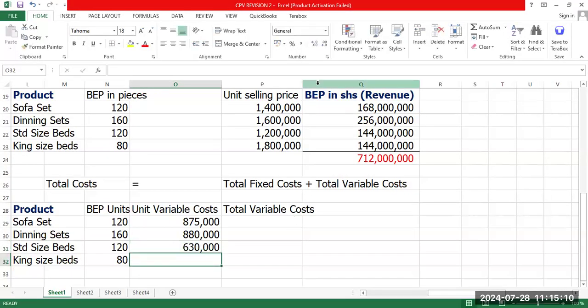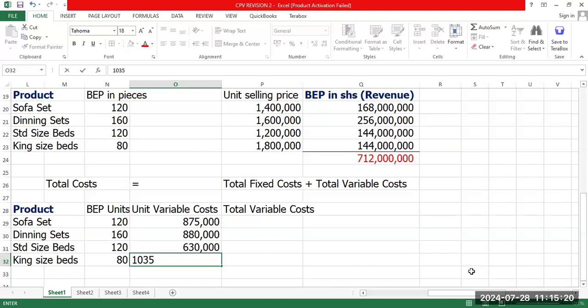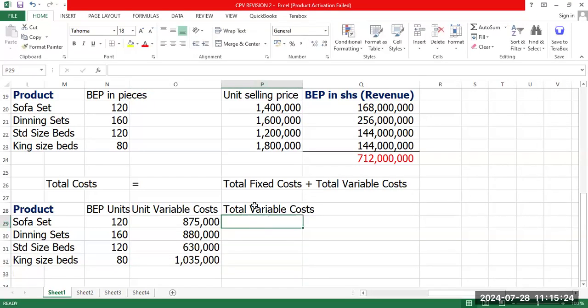Then the last one, 1035. Then we get total variable costs by just multiplying. We get this times this.